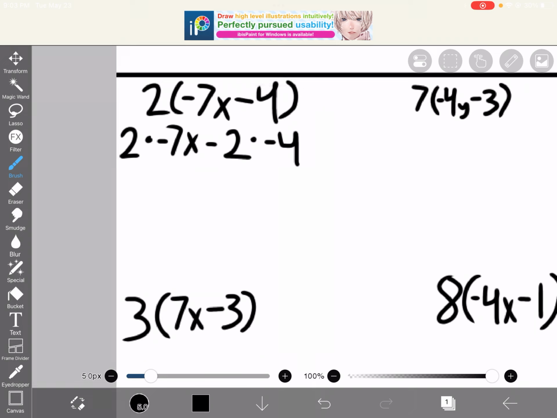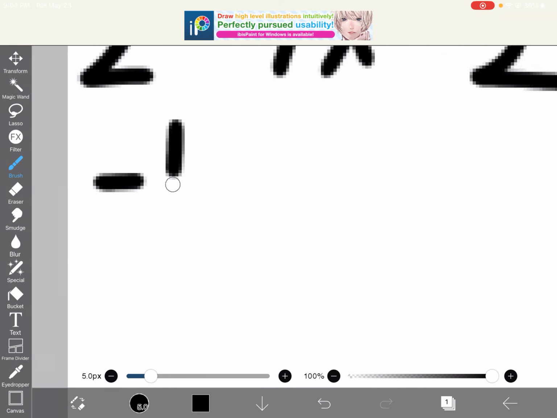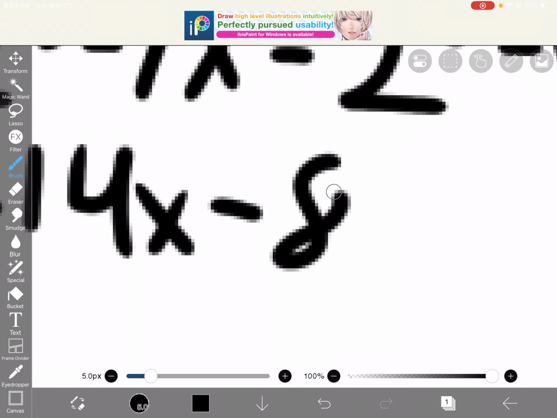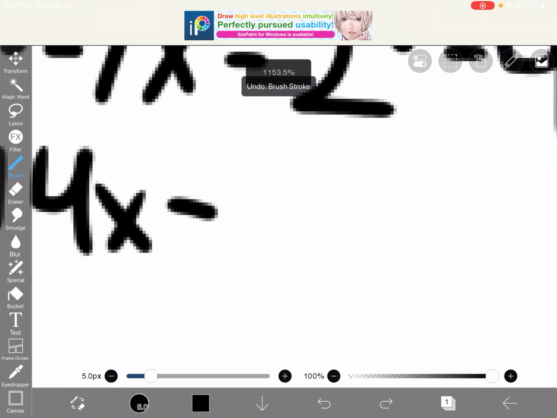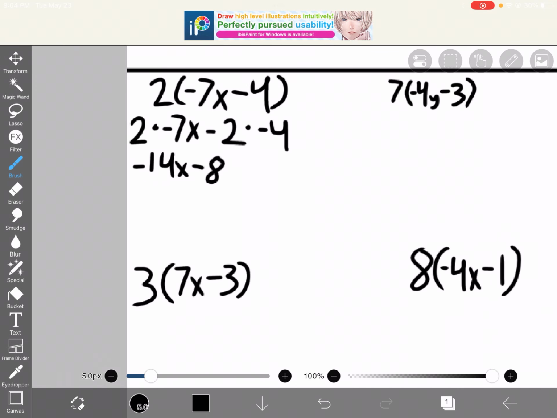So that would be negative 14x minus 8. And that's our answer.